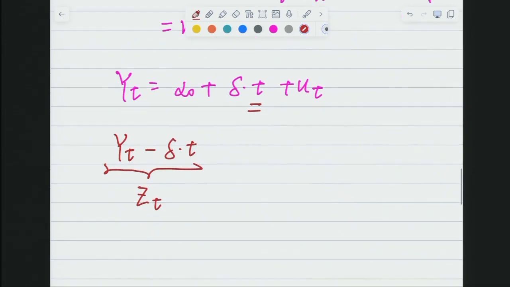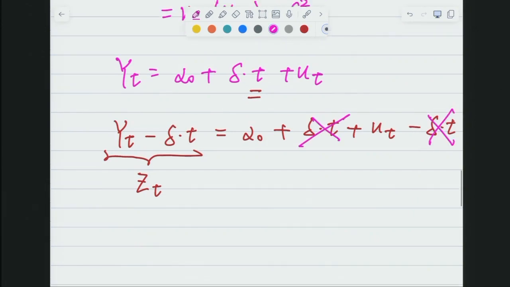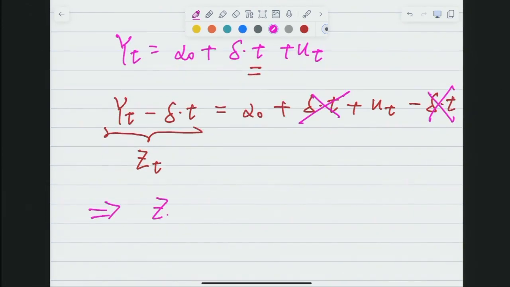Then zt is equal to alpha naught plus delta times t plus ut minus delta times t. So the trend cancels itself out, giving us the detrended series, z, equal to alpha naught plus ut. Alpha naught is just a constant.